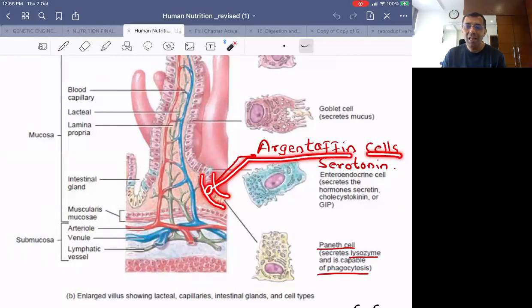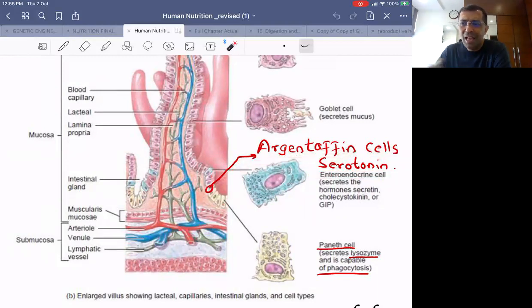And in these crypts are found specialized cells called argentaffin cells. These argentaffin cells give out a chemical called serotonin. If you remember, serotonin acts on your limbic system, creating a feeling of euphoria, extreme happiness. So that is the psychological aspect of serotonin. Your intestine also has serotonin, which is called 5-HT, 5-hydroxytryptamine.